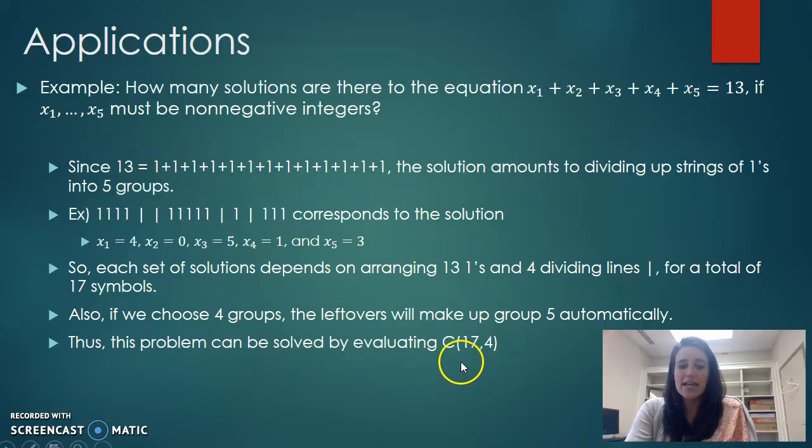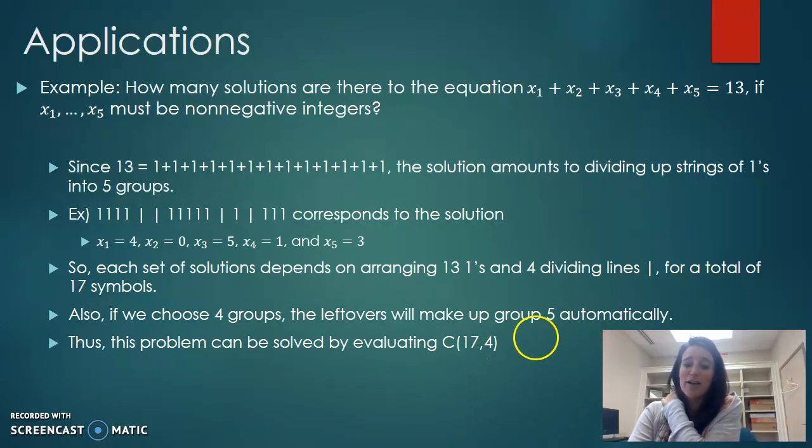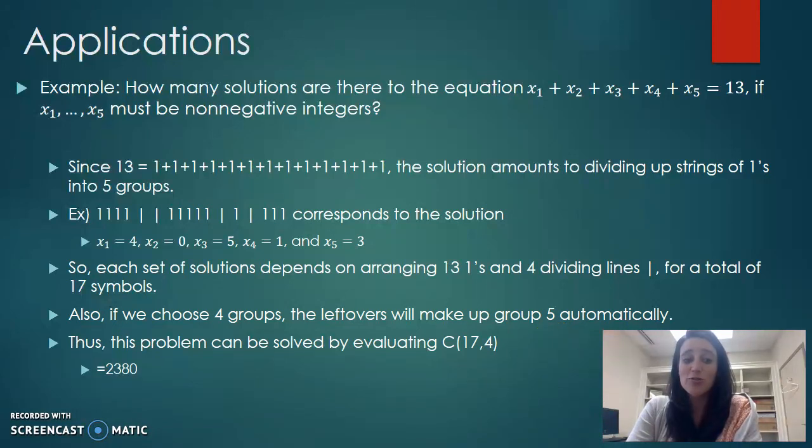So we are taking 17 symbols and choosing 4 groups. So the problem can be solved by evaluating 17 choose 4. And it turns out there are 2,380 solutions to this problem. Kind of cool.